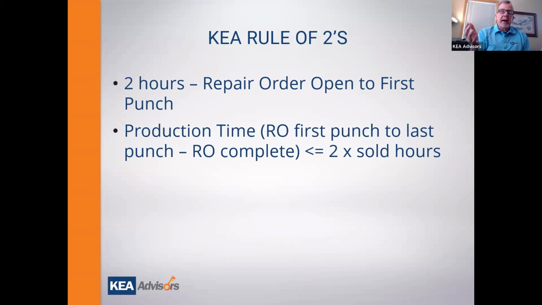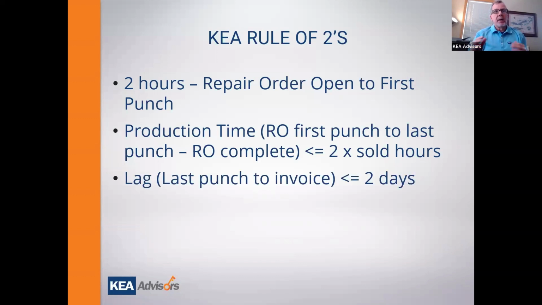So if we sell 8 hours on a job, that production time, first to last punch, should be no more than 16. By the way, we don't include when the shop is closed, the weekends and so forth. And that's why not every repair order will make it. But it's an easy way to measure our effectiveness. And the third one is lag, last punch to close, less than or equal to 2 days.